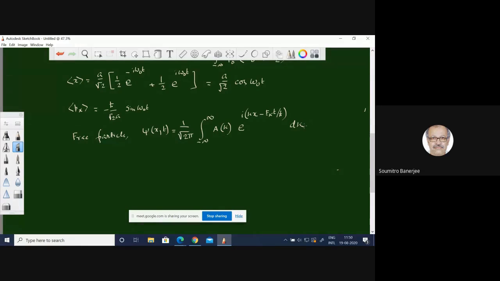And you know that the way to normalize the wave packet of a free particle is just to ensure that the integral from minus infinity to infinity of the square of A(k) is 1.